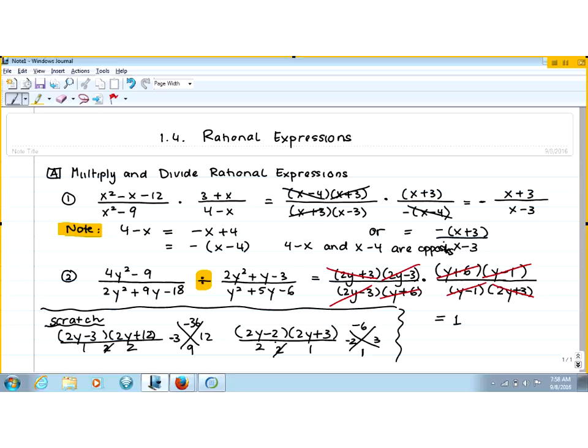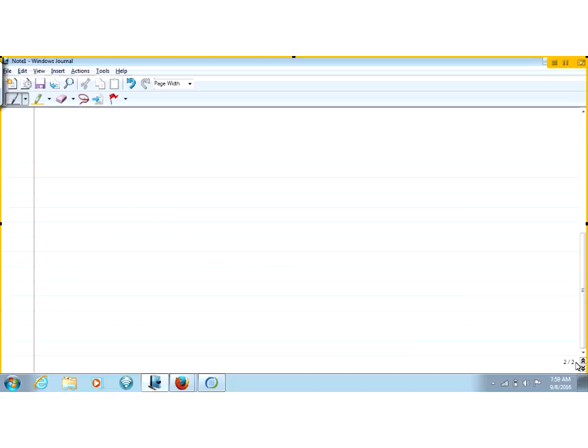Okay. Now, we're going to add and subtract rational expressions. So B, adding and subtracting rational expressions.